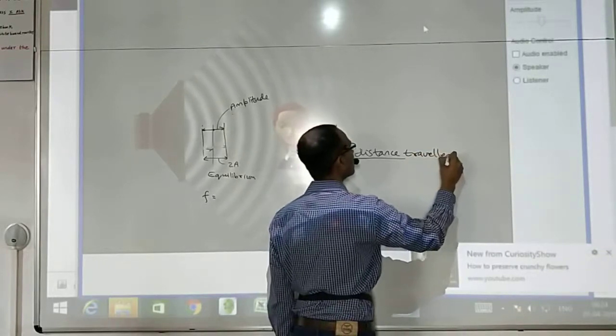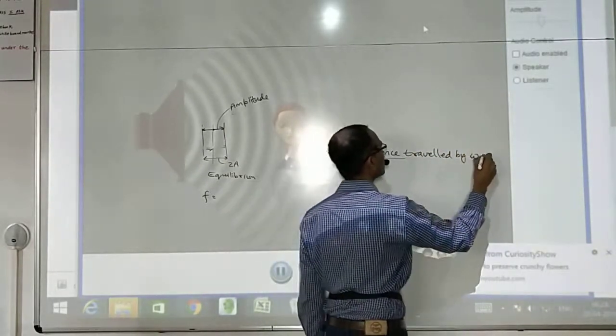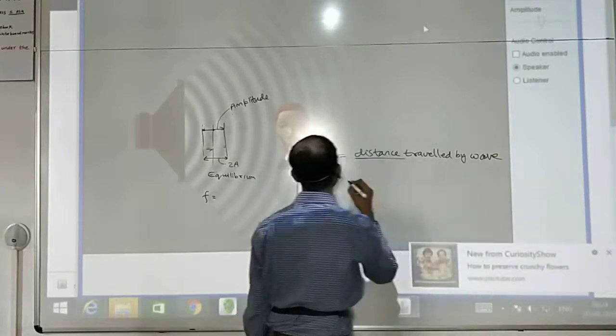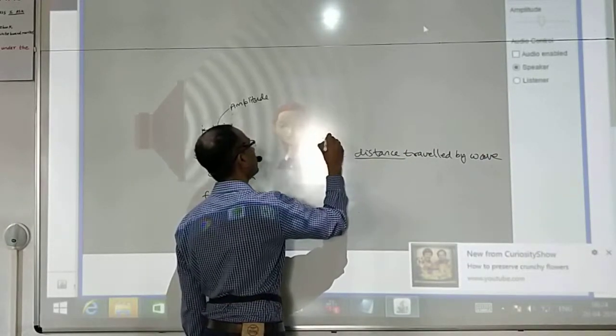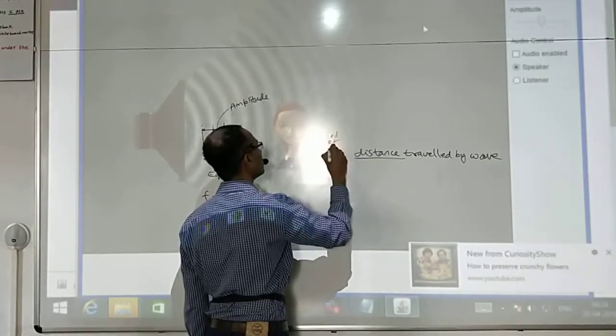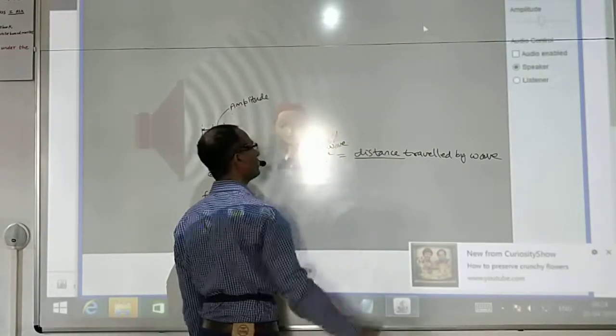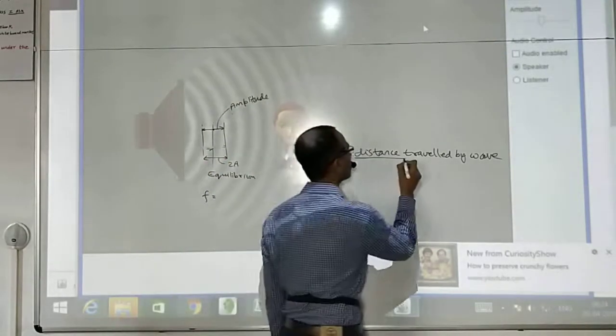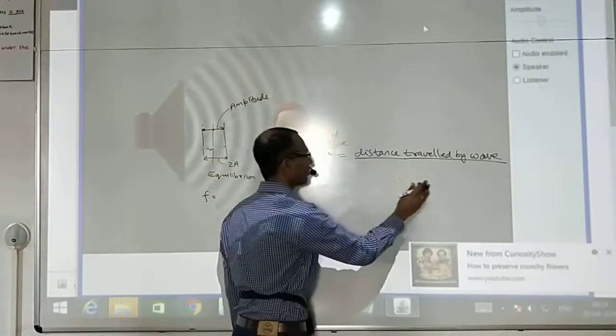It makes sense, right? Just common sense. If you want to know the speed of a wave, it should be distance traveled by time taken. You don't have to memorize anything in physics, it's all common sense. If you understand it, you will get it.